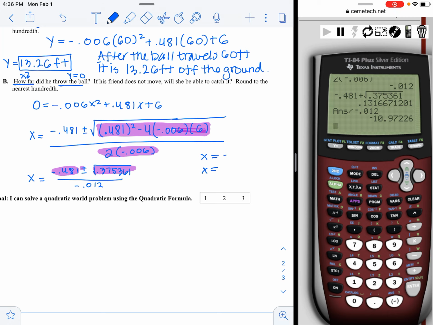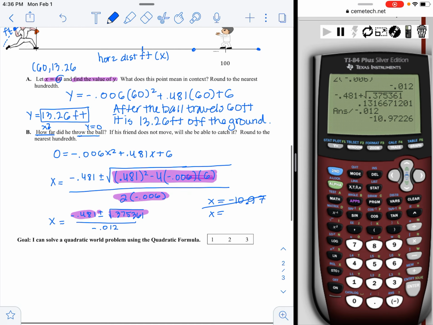And I got negative 10.97. Okay, that's not going to be an answer because that's this one over here, right? That's the parabola's, the quadratic's, other x-intercept. All right, now, and it's not always the second one, so please don't just be like, I'm not going to do the first one.